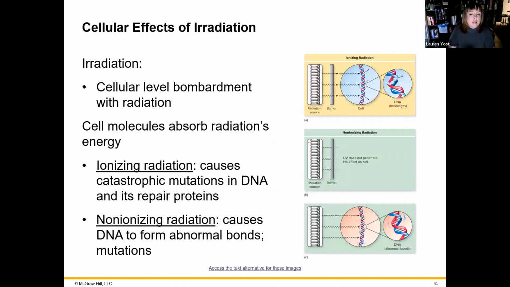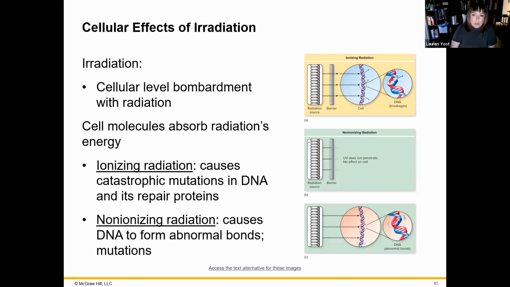We have ionizing and non-ionizing, okay? So when you irradiate something, we are bombarding it with radiation. That would just mean exposing it to something that acts radioactively to cause damage that radioactive things can cause, either via ionizing or via non-ionizing radiation.